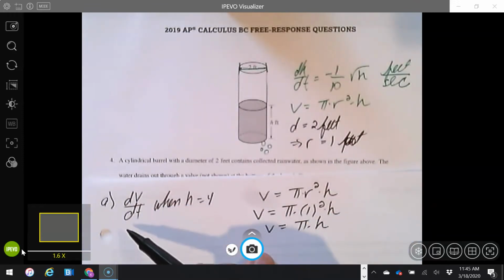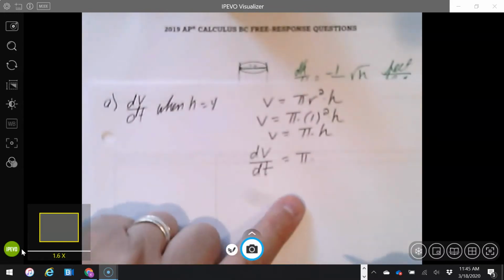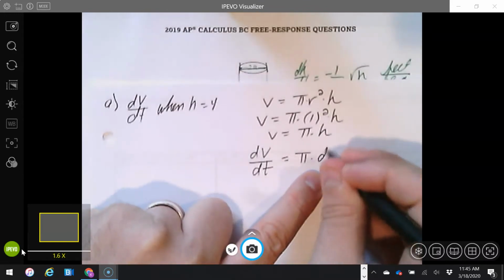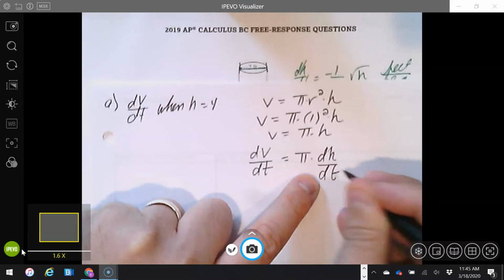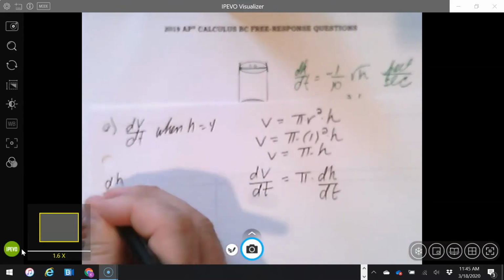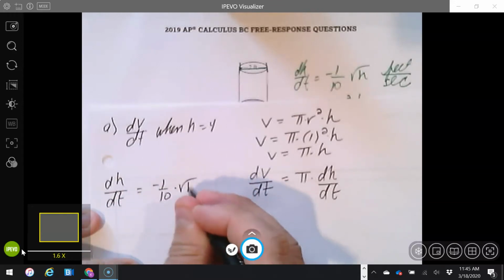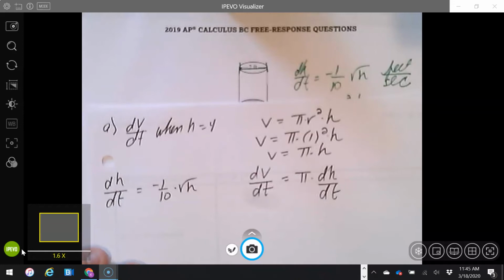If I want to find dV/dt when h equals 4, we're going to find the derivative with respect to t. Well, pi times h, pi is a constant, so the derivative is going to be that dV/dt is equal to pi times dh/dt. We know that dh/dt is equal to -1/10 times the square root of h.